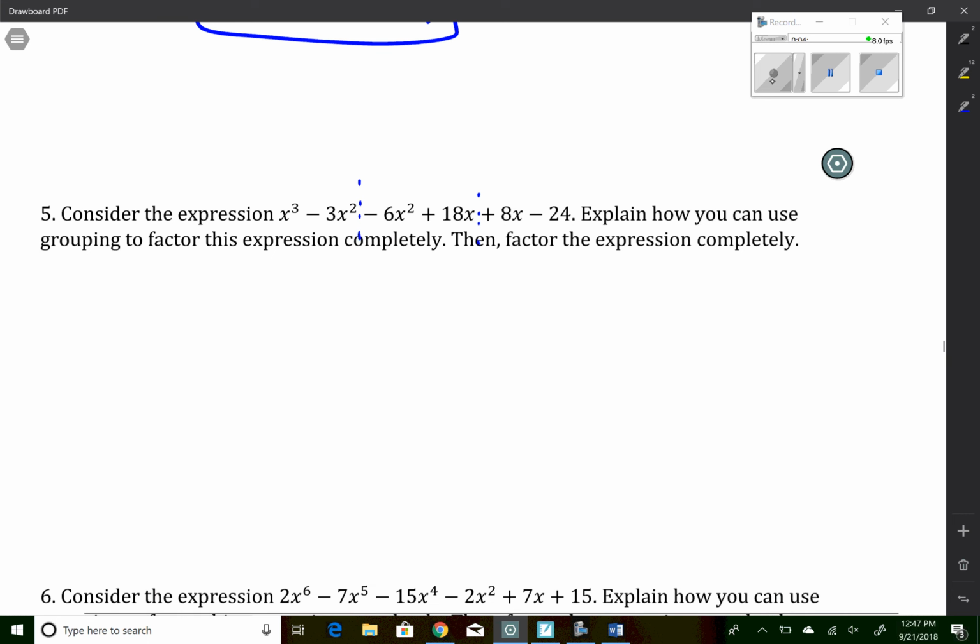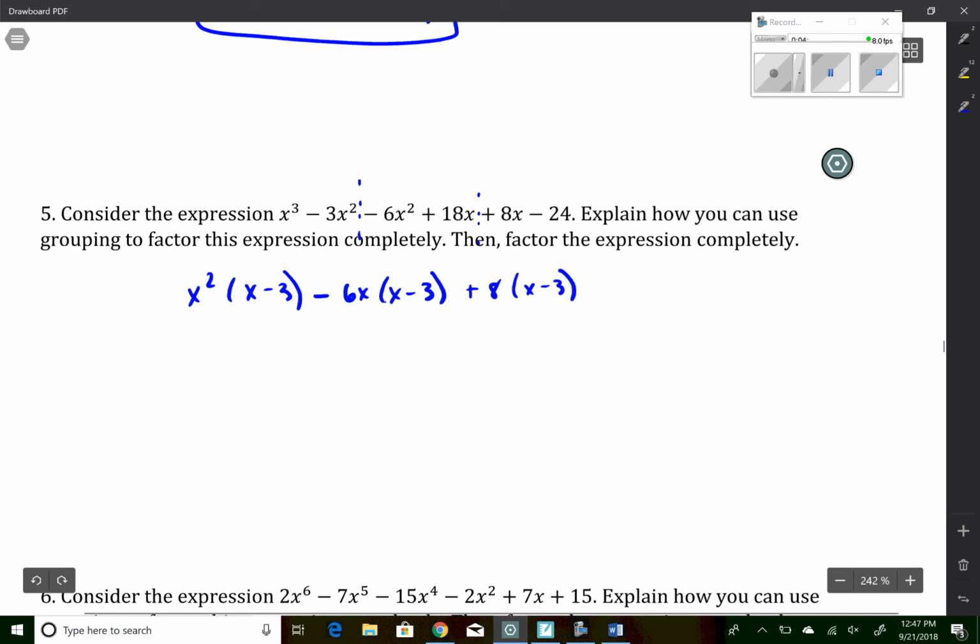So if we do grouping, we have x squared, leaving me with x minus 3. We have negative 6x, leaving me again with x minus 3, so we have a like term. We have positive 8, again leaving me with x minus 3. So my two factors are going to be x squared minus 6x plus 8 and x minus 3.